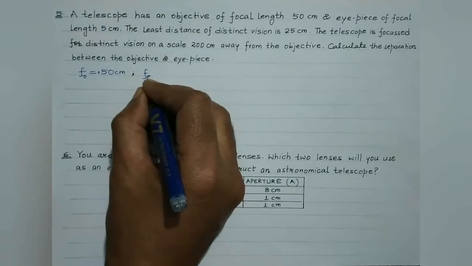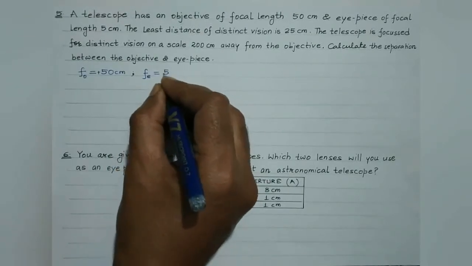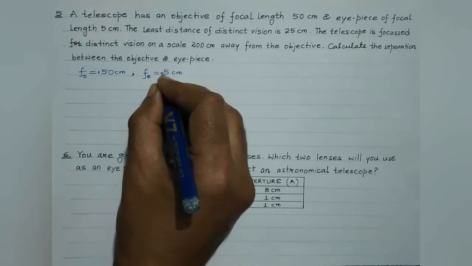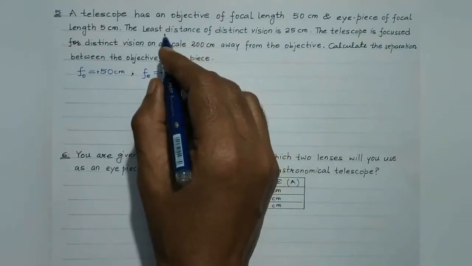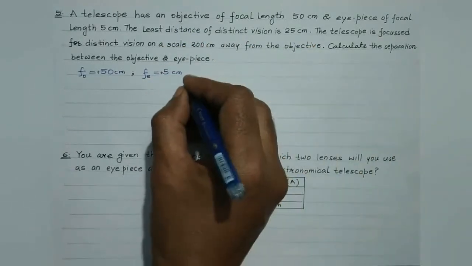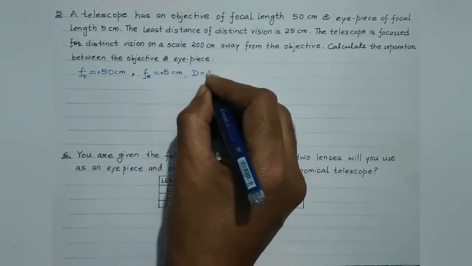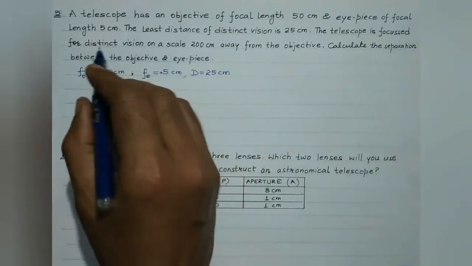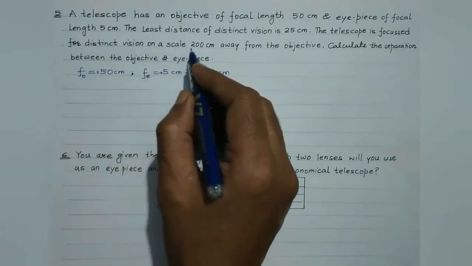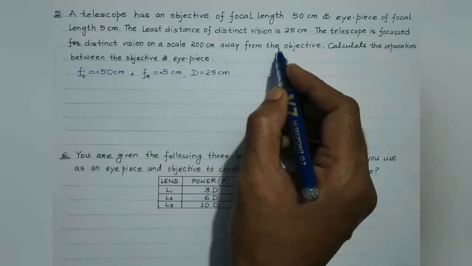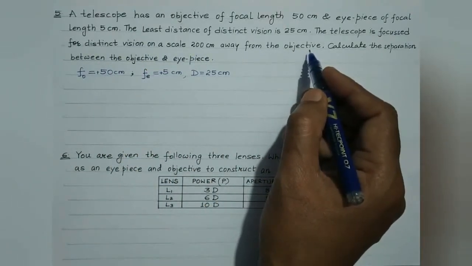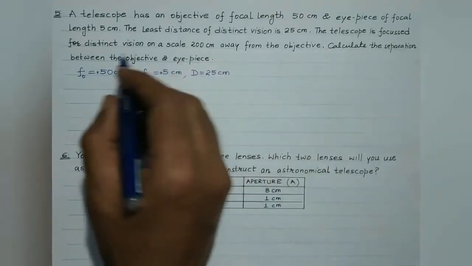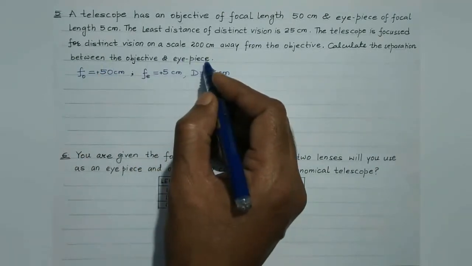And the focal length of the eyepiece is given to be 5 centimeter. Again, this will be positive, right? LDDV is given to be 25 centimeter. The telescope is focused for a distinct vision on a scale 200 centimeter away from the objective, right? Calculate the separation between the objective and the eyepiece.